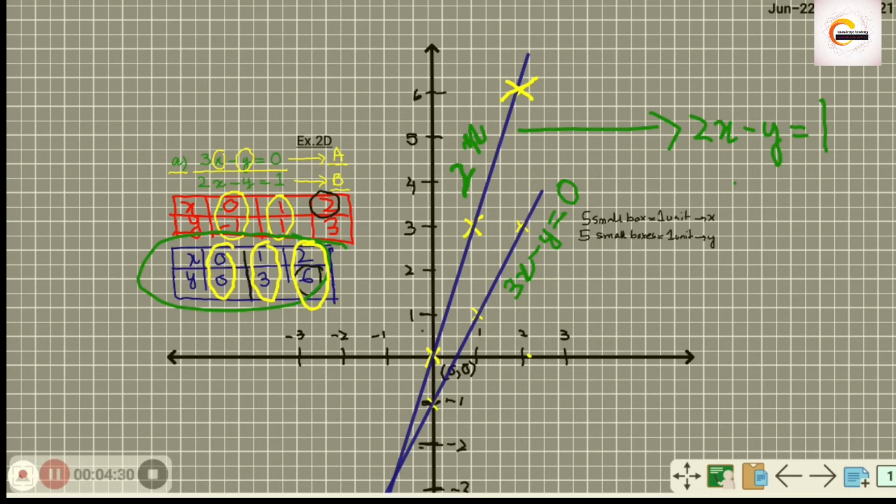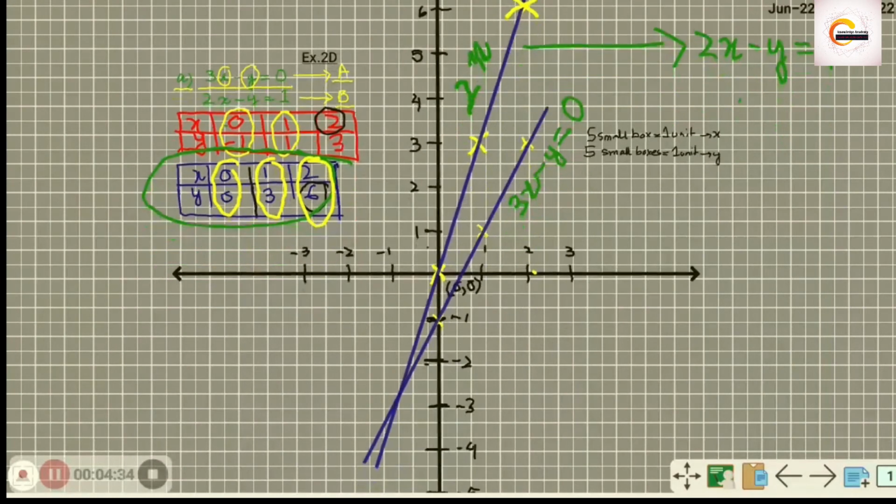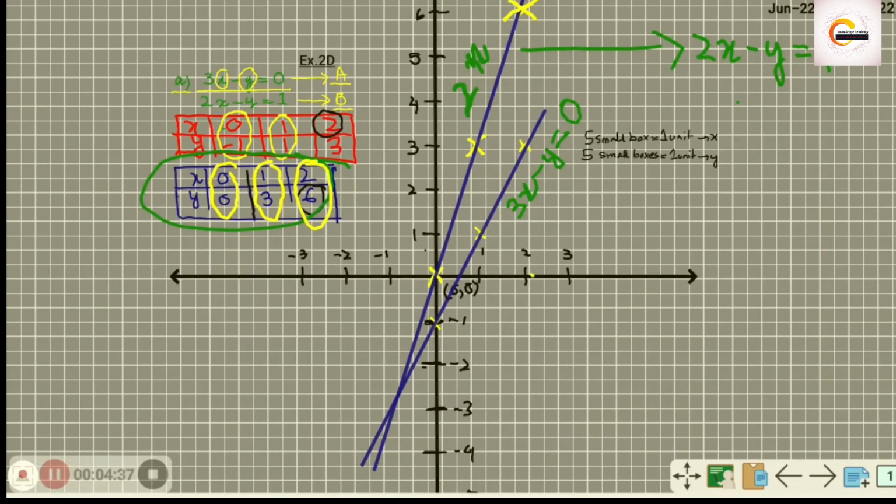So let me bend the canvas and see. These 2 lines intersect each other at this point, which is (-1, -3). So this is the point of intersection, which means the point where the 2 straight lines intersect each other.